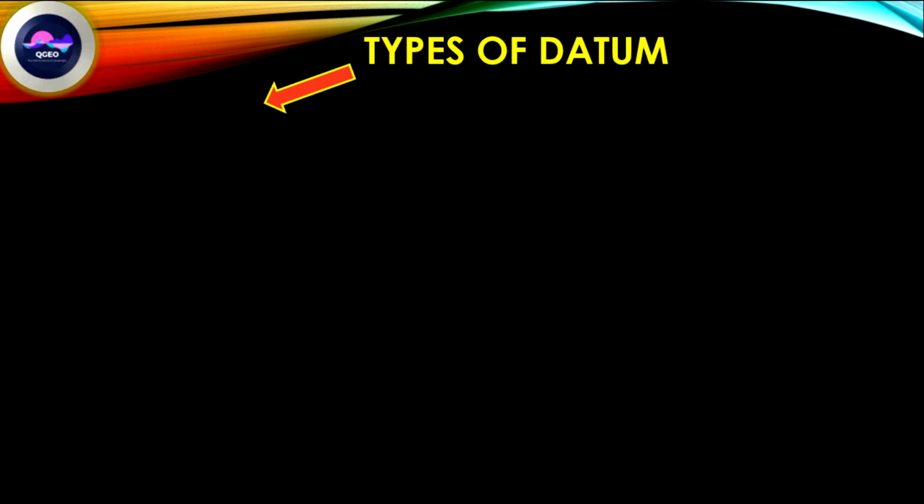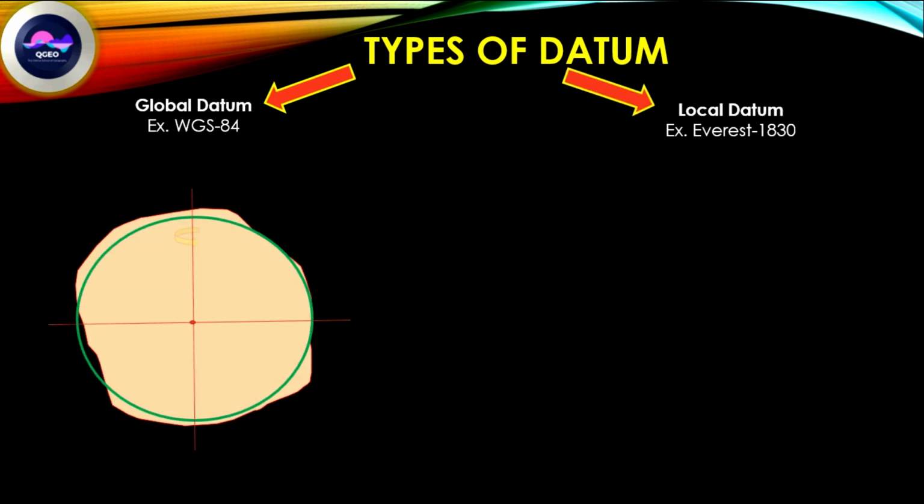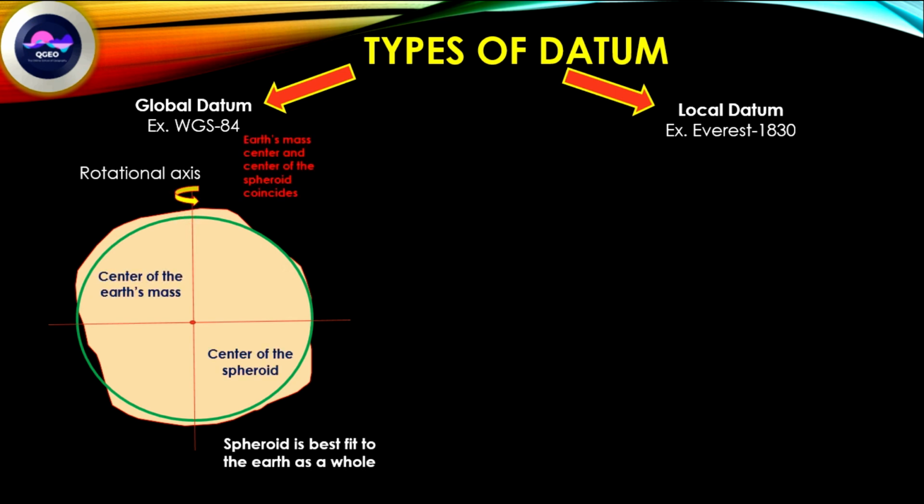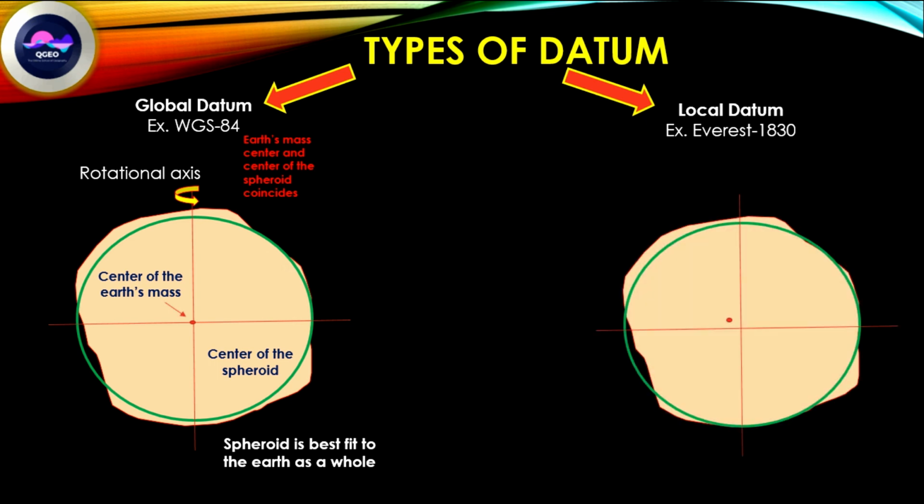Now, the types of datum are illustrated by the figure. Here, the green ellipsoid represents the spherical earth, and the actual earth is represented by the red border. Here is the rotational axis, and this is the spheroid.